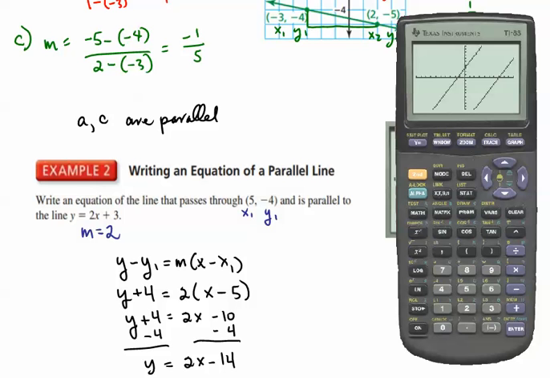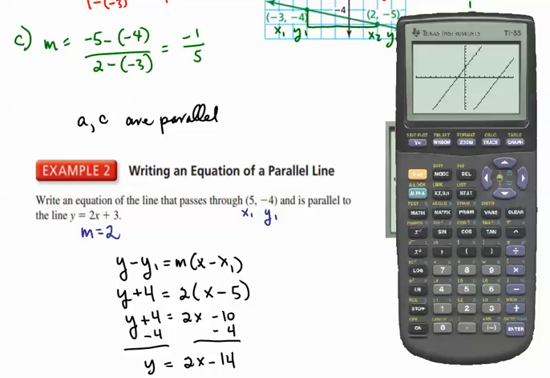It looks parallel, and it also passes through the point x is 5, y is negative 4. All right, so that's what we're trying to accomplish here.